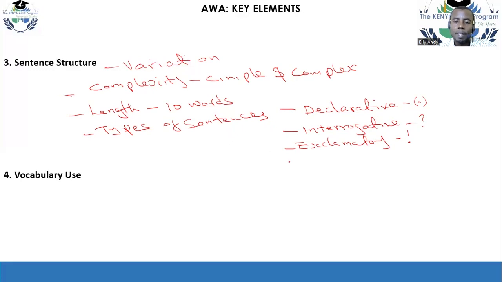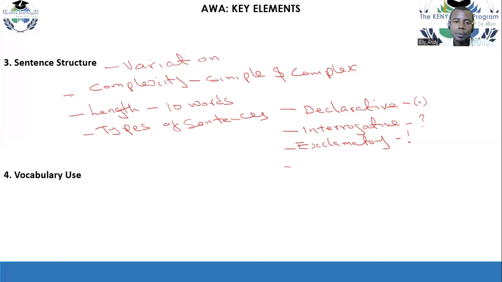Basically you need to mix up your sentences so that they are varied in complexity. You have simple sentences, complex ones, you have short sentences, medium, lengthy sentences, you have declarative, interrogative, or exclamatory sentences.